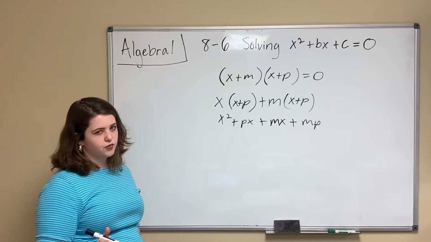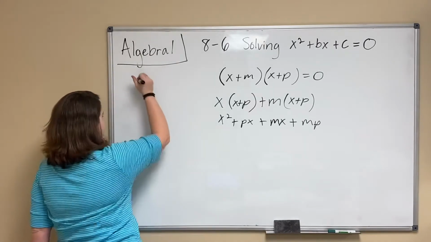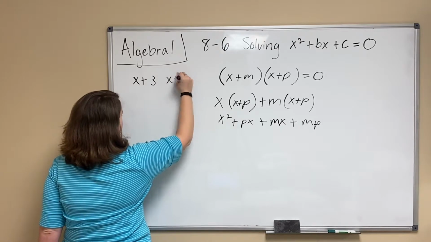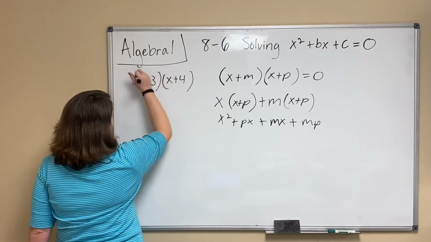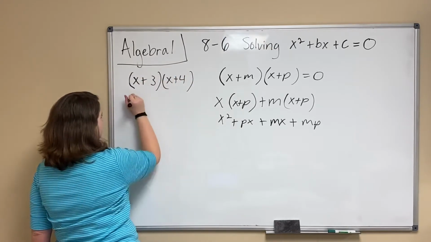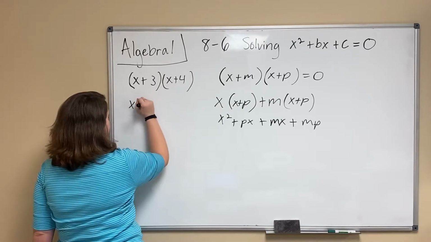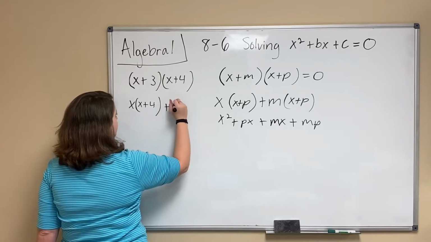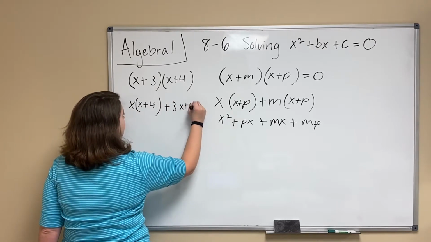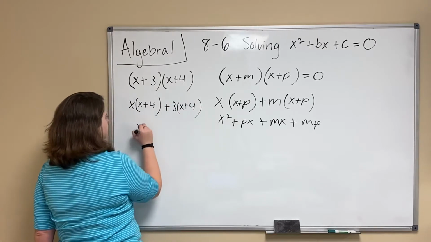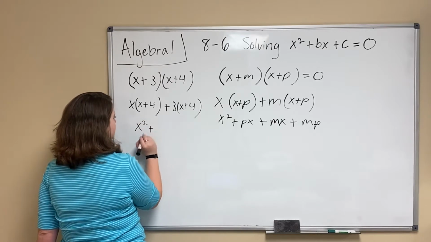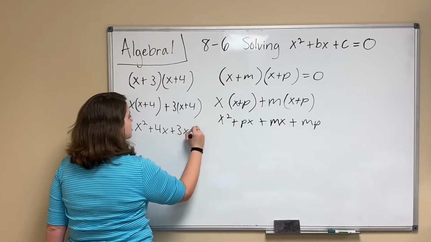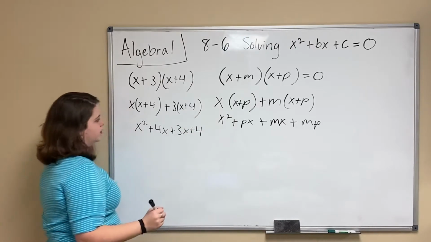Now it's a little bit confusing with the variables, so let's put in some numbers. X plus 3, x plus 4. Do the same thing, x times x plus 4 plus 3 times x plus 4. We do x squared plus 4x plus 3x plus 12.